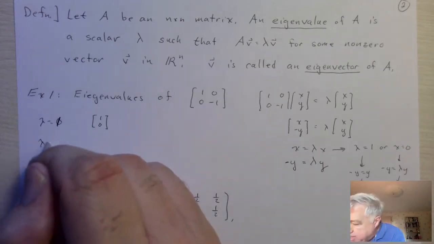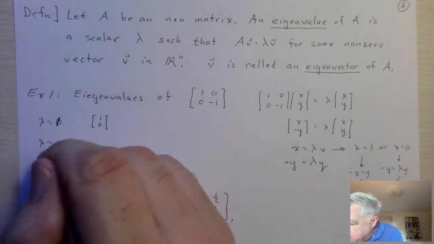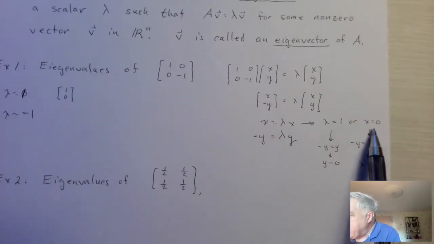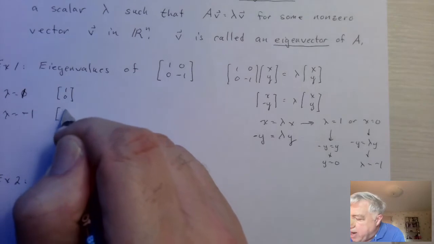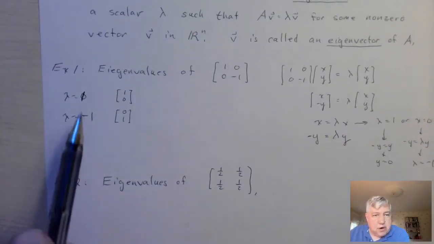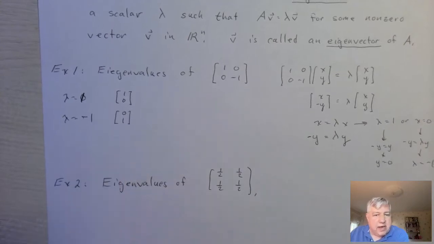And when lambda equals negative 1, we saw that x had to be 0 and y could be anything, so we could take (0, 1). So these are our eigenvalues and these are the corresponding eigenvectors.